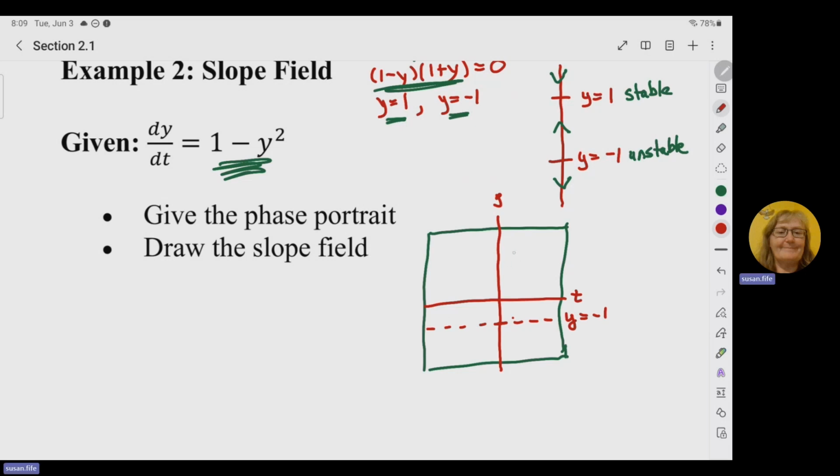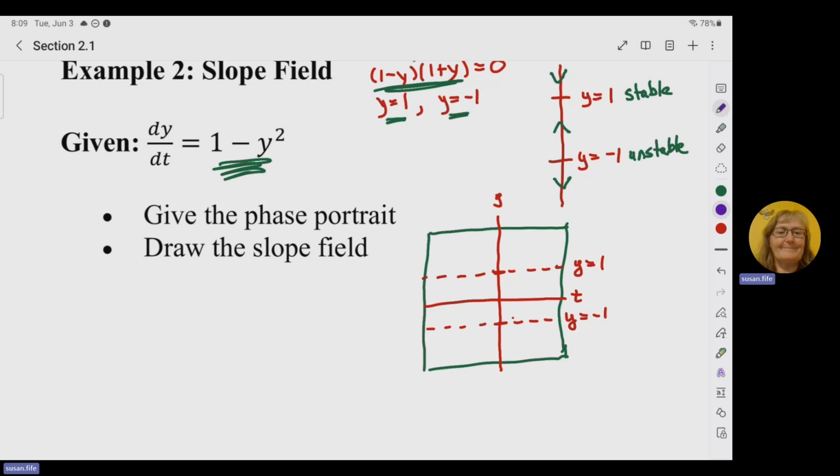And y equals 1. And I think I'll do the rest in a different color. So these are critical values. And remember, the critical values for a derivative are where the slope is 0.